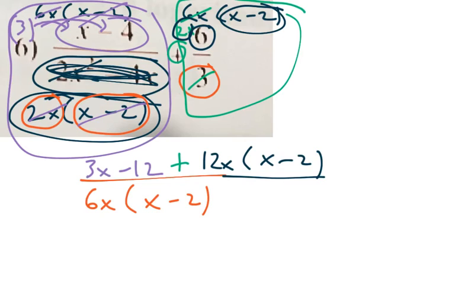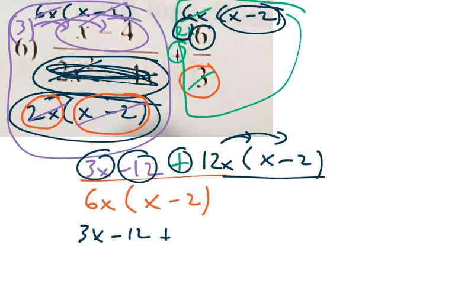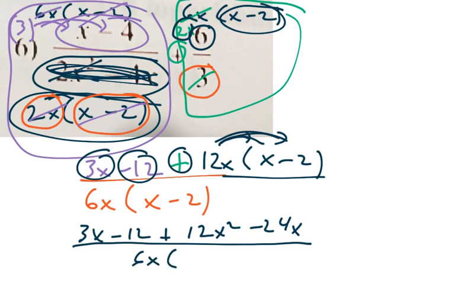So we're going to just do an extra step here and do our distributive property over here. So I have 3x minus 12 plus, here I'm going to distribute, get 12x squared. Right there I'm going to get minus 24x. That's all over 6x times x minus 2.